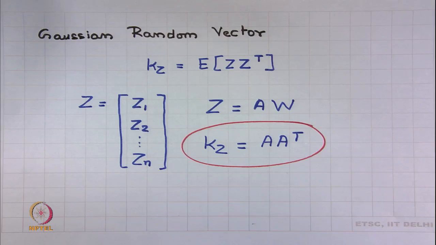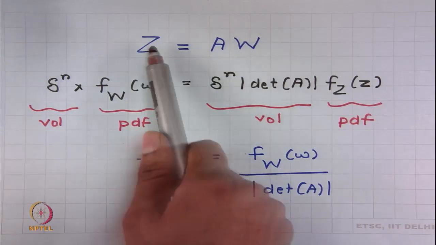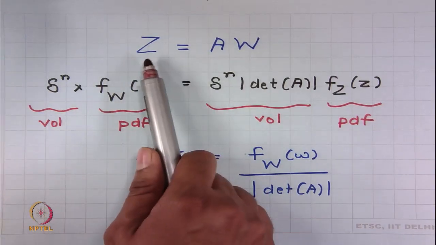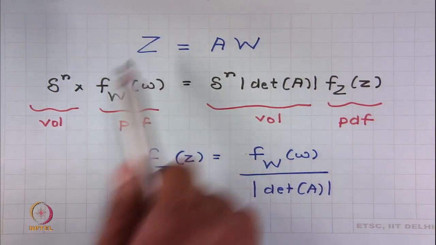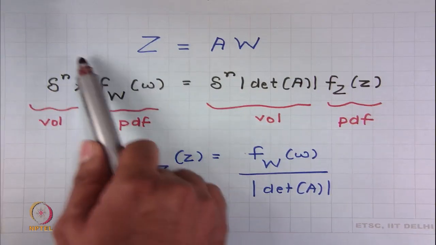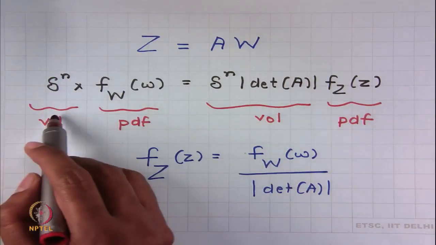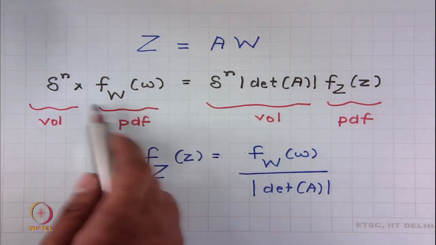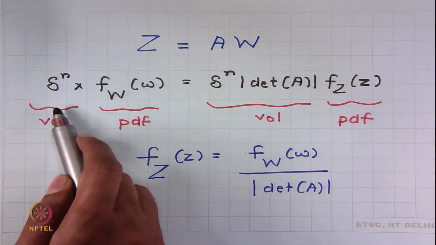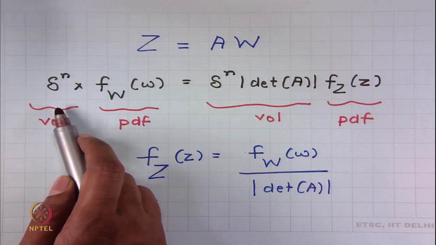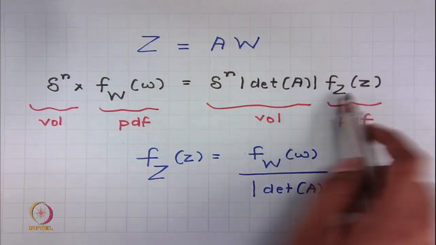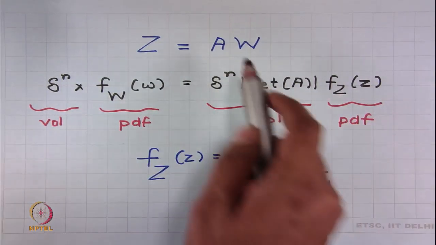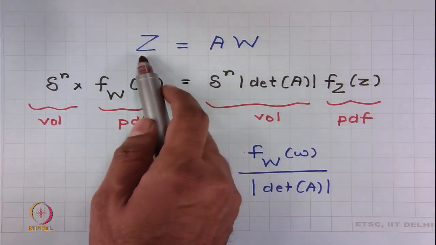Then we were trying to derive the probability density function of this random vector Z, and what we have said is that the probability when you go from W space to Z space will be preserved, and probability can be thought of as multiplying the probability density function with the volume. So, the probability in W space is the probability density function in W space multiplied by the volume in the W space, and this is the probability in the Z space, and these probabilities must be the same, because every point in W space is mapped to a point in Z space.